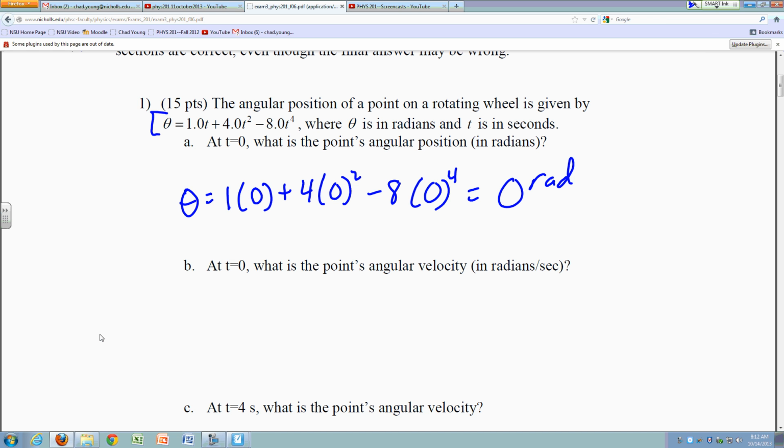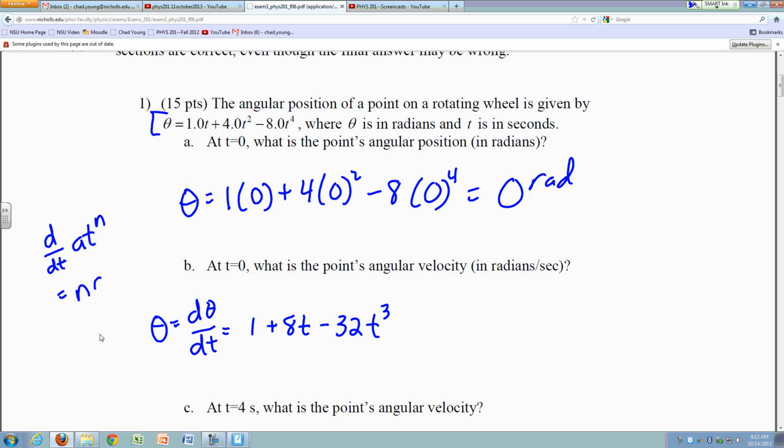So in order to find that, I know omega equals d theta dt. What is the derivative of this function? 1 plus 8t minus 32t cubed. Remember, when I'm taking the derivative of a function, d dt of a t to the n is equal to n times a times t to the n minus 1.